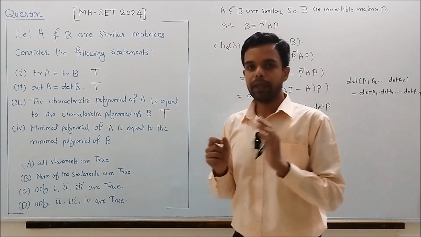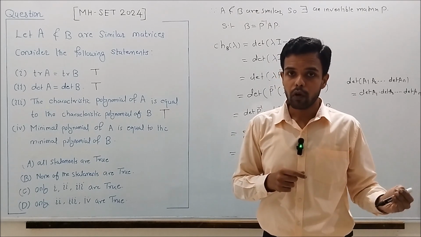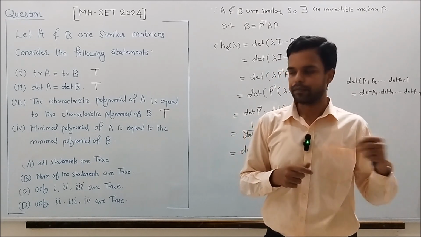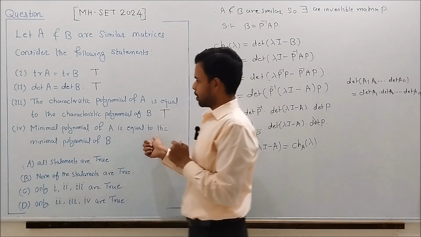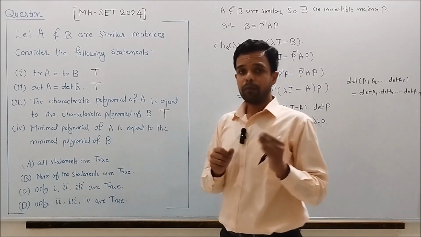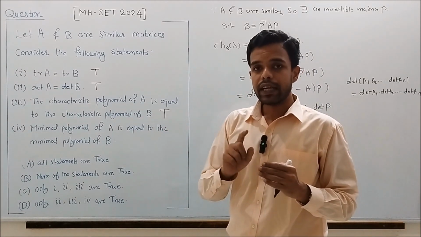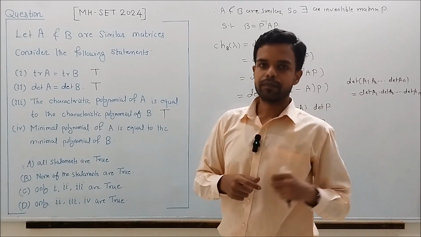And the second thing that you have to use is the fact that the minimal polynomial of a matrix A divides every polynomial of which A is a root.